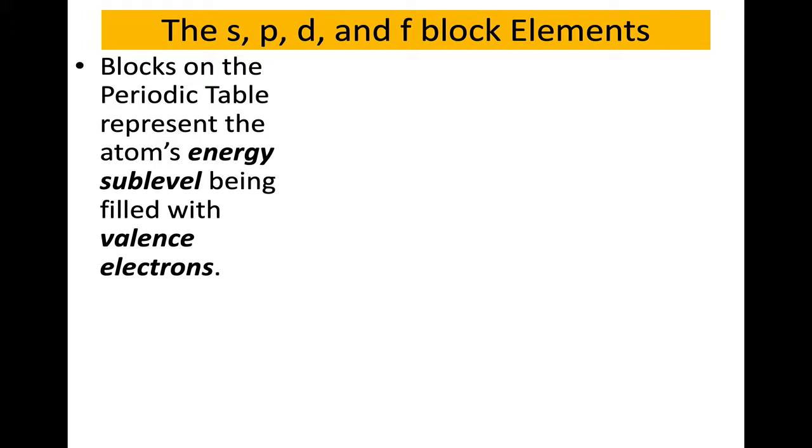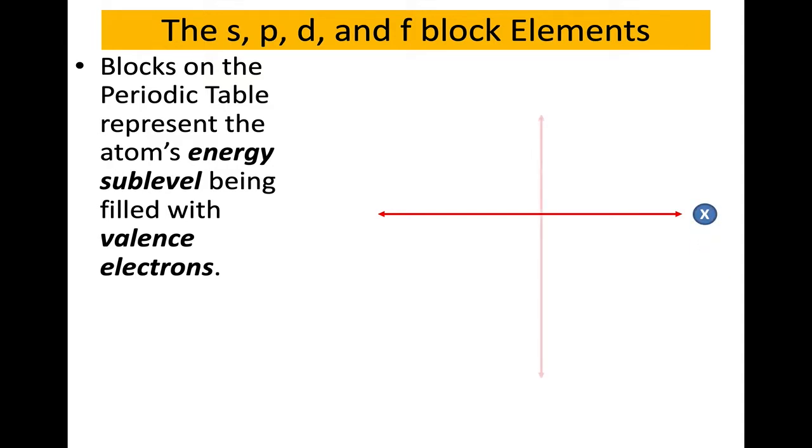Looking at the S, P, D, and F blocks, most of the time for us, we're going to be dealing with the S and Ps. Very seldom do we do the Ds, but they do exist at this level. Blocks on the periodic table represent the atom's energy sublevels and how they're being filled with valence electrons. If you remember, looking at it from a 3-dimensional standpoint, how do these electrons go around the nucleus?